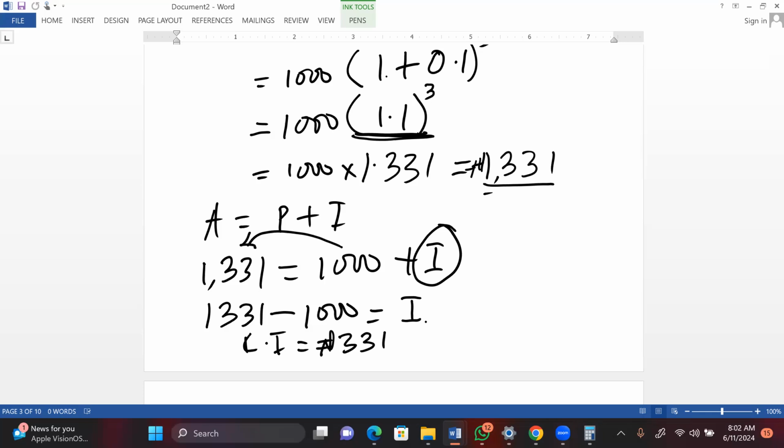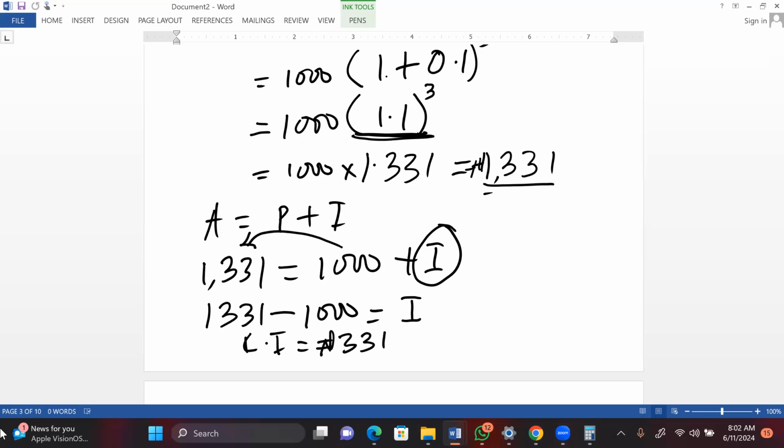This 1,331 is the amount we looked for. The amount means that at the end of the year, whether 2 years or 3 years, the money deposited into the bank account has grown to that amount. That is, interest has been added to it.